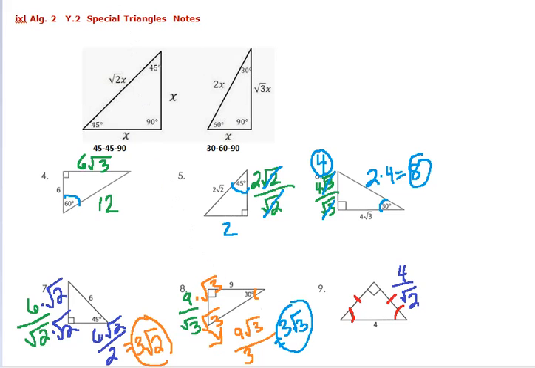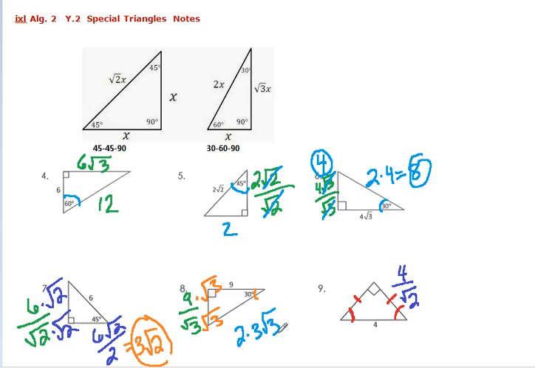So let me make some room. Good enough. And let's pick a different color. This one. So the hypotenuse should be whatever the short leg is times 2. Well, it's going to be 2 times, what did we say? 3 times the square root of 3?